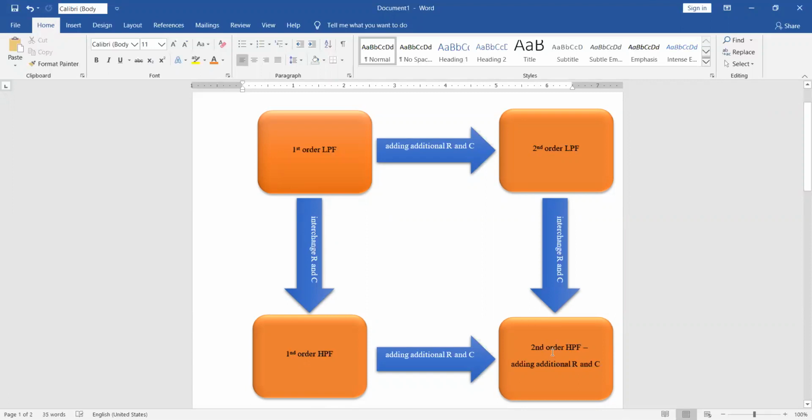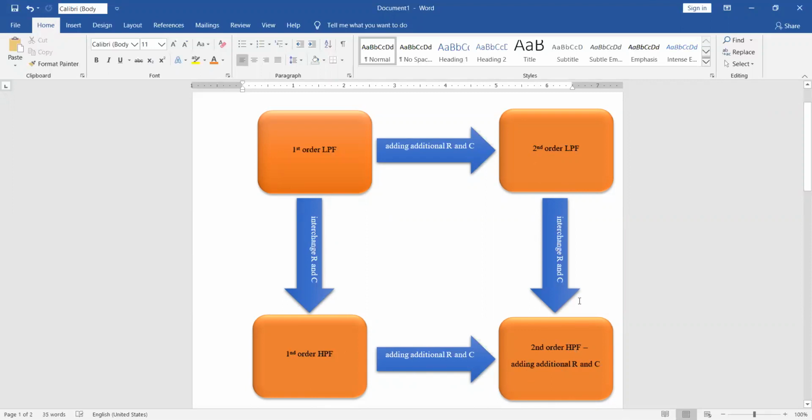Now if I want to get the second order high pass Butterworth filter from the first order, I'll just add an additional pair of R and C. If I want to get the second order high pass filter from the second order low pass filter, I'll just interchange the resistors and capacitors.